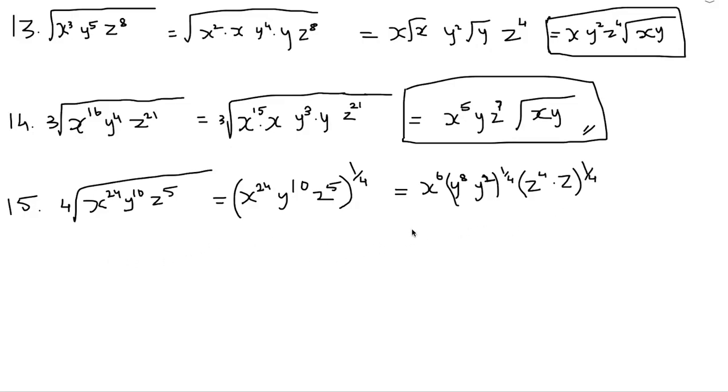That will equal x to the power 6 and y to the power 2 and z, and square root of, we can see here, y square and z. That's what we have here. So y square and z. This is the answer.